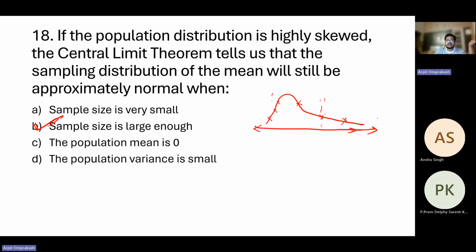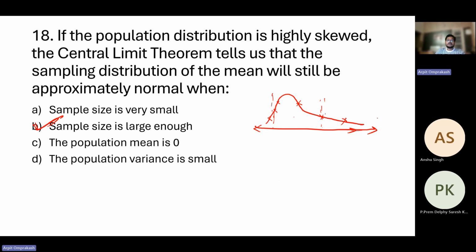So the mean that you get in that case will be somewhere here, right? Sampling distribution of the mean. So basically the values of the mean that you will get for small samples will be highly variable. The mean values that you get from each of these samples might vary a lot.